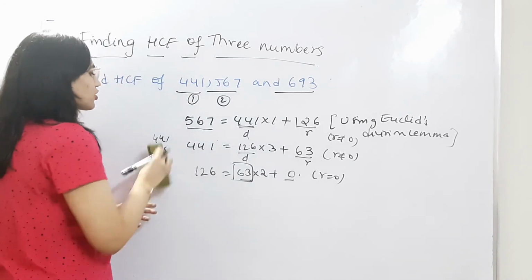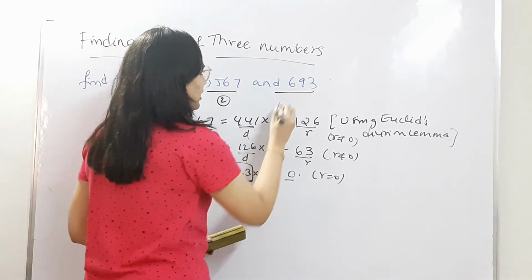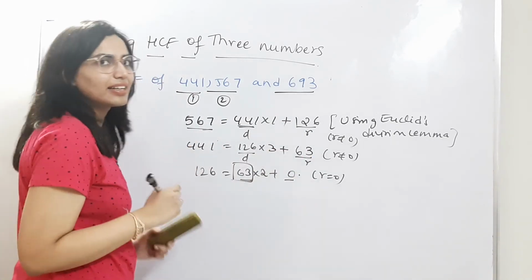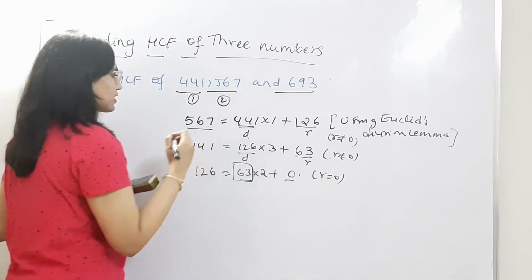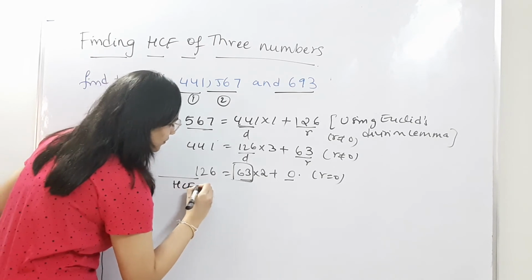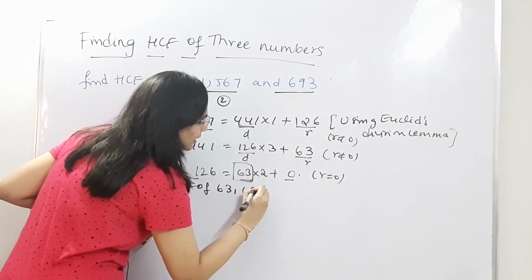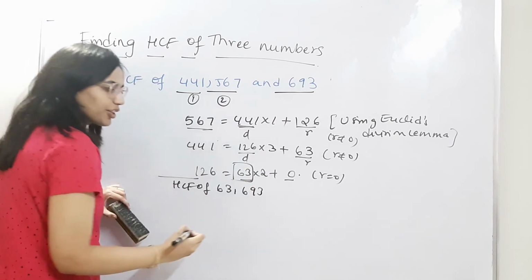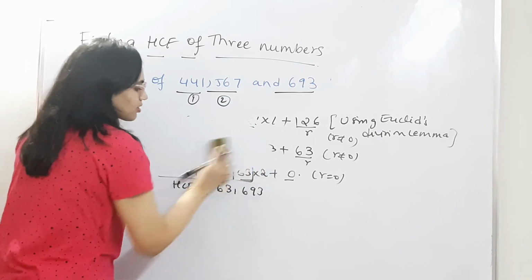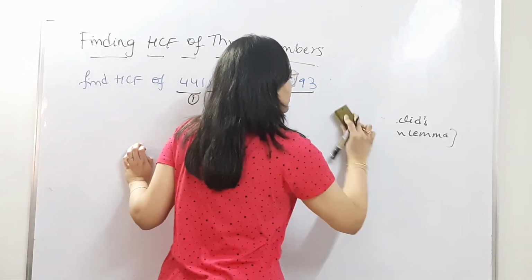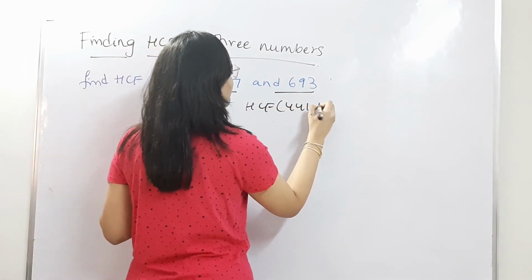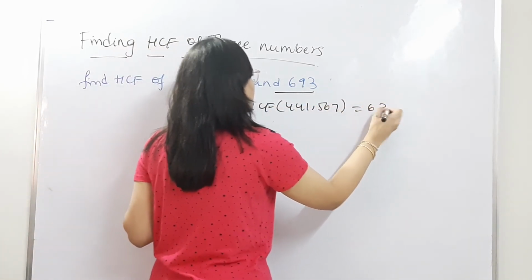63. Right? So now we'll find the HCF of 63 and 693 using the same method. It's the first step done; now the second step is you need to find the HCF of 63 and 693, because the remaining number is 693. How do you do this? Using Euclid's division algorithm. So after doing this, we got the HCF of 441 and 567 as 63.